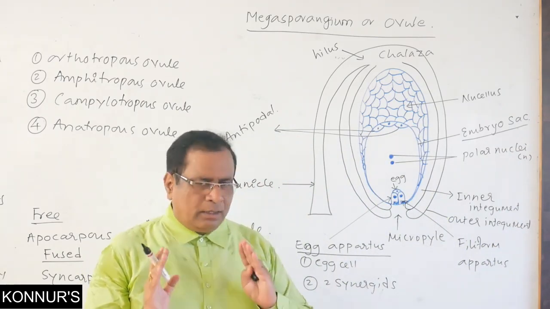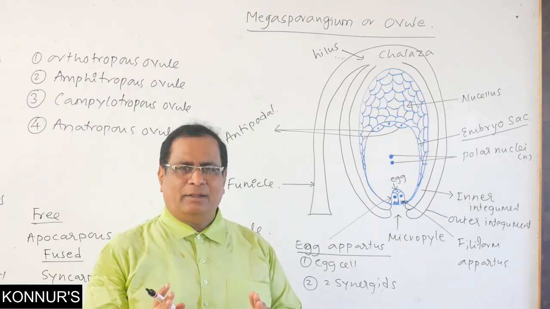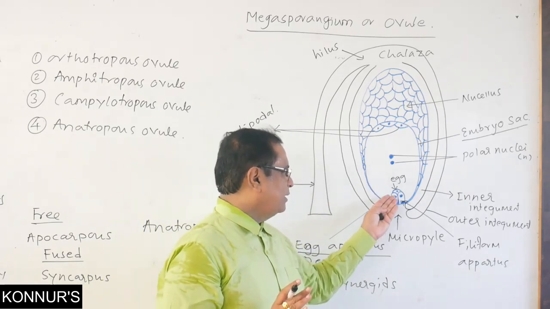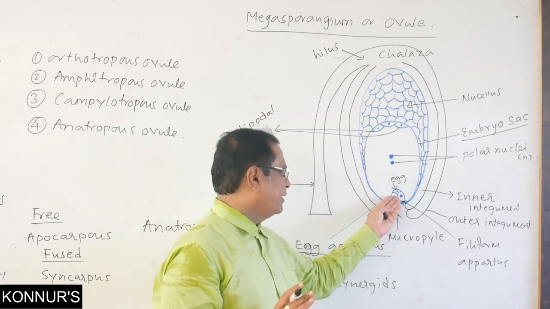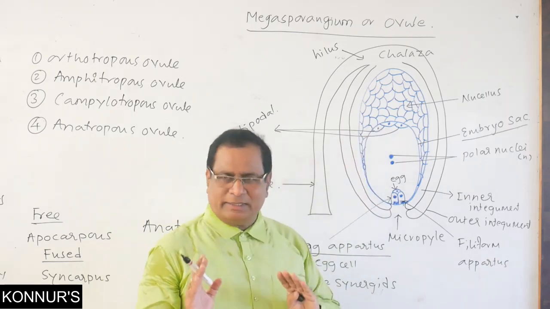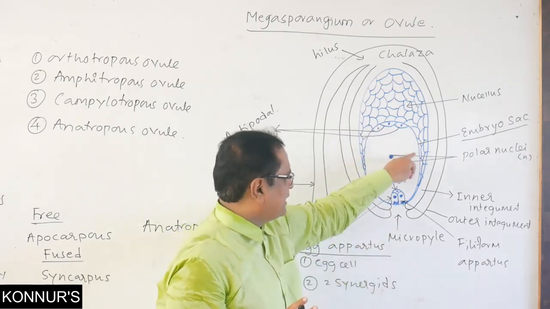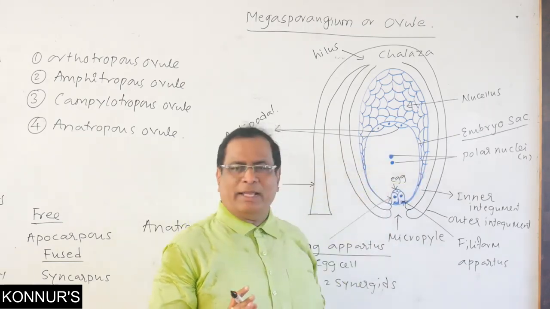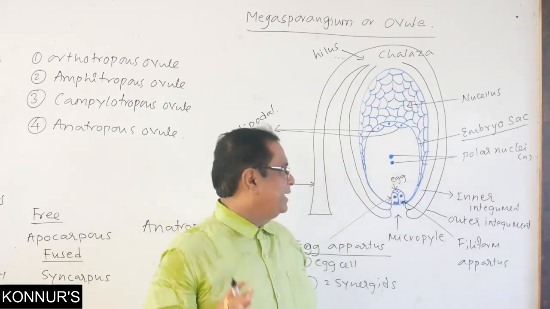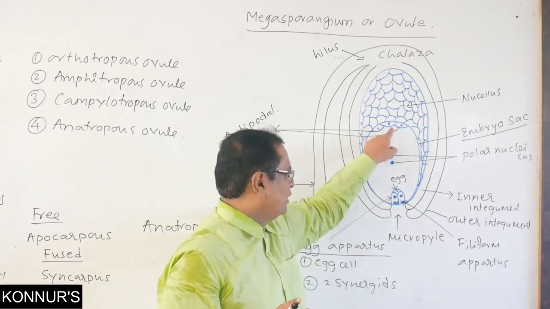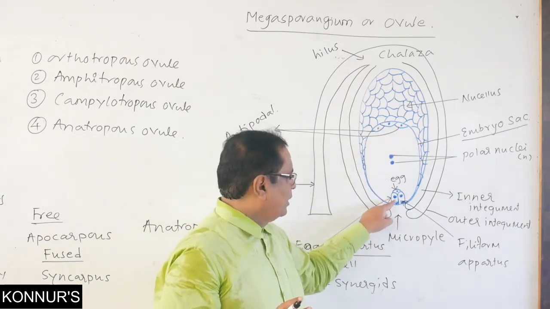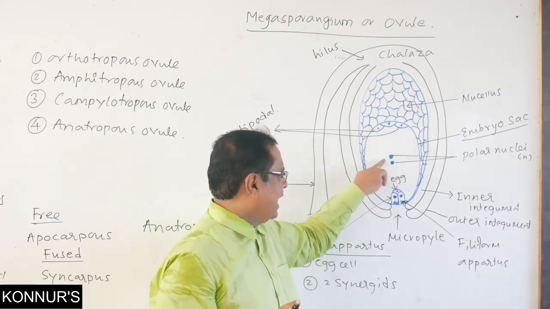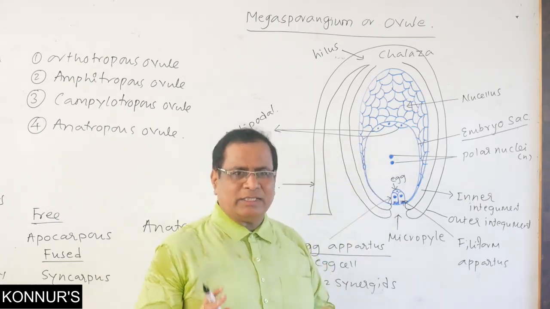It is a 7-celled and 8 nucleated structure. Those 7 cells are 3 cells in egg apparatus, 3 antipodals, 6, and a larger cell in the middle, in which 2 polar nuclei are there. 8 nucleus means 3 cells with 1 nucleus each, and these are also 3 cells with 1 nucleus, totally 6, and these 2, totally 8 nucleated.